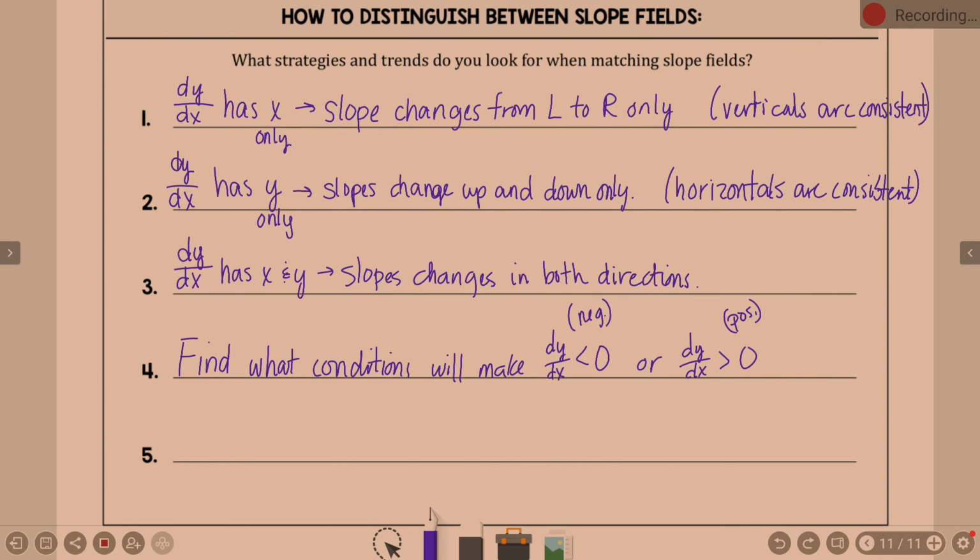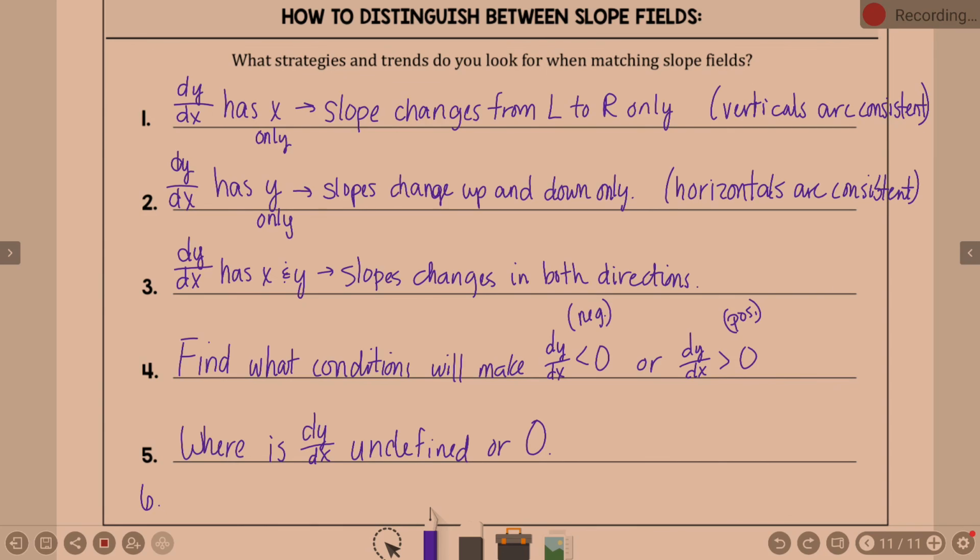To go along with the whole negative and positive thing, where is dy/dx undefined or 0? Okay. If you want to throw a number 6 in, once you go through your checklist, it's just check specific points, right?